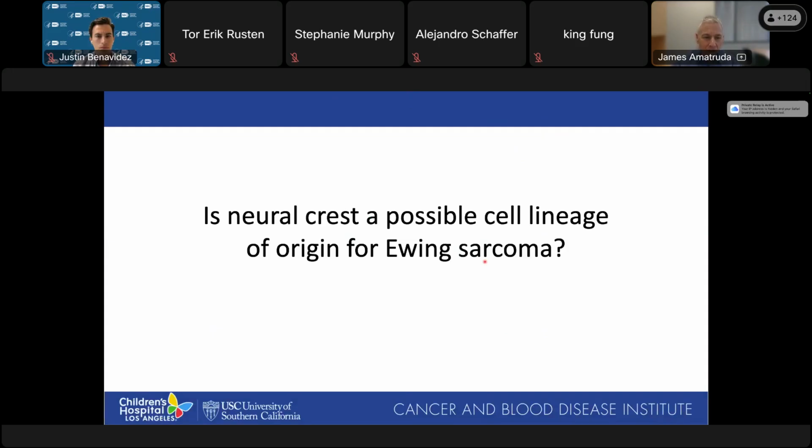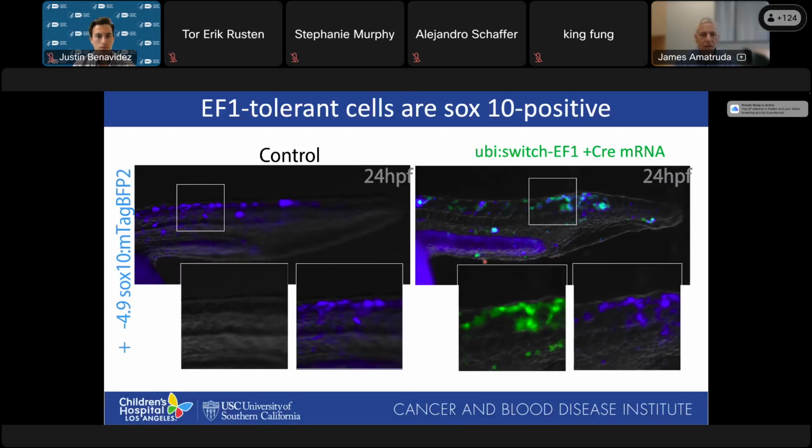And so we used our model to look into this question, first by doing gain and loss of function experiments. So first off, we asked whether these surviving cells are in fact a neural crest lineage. So Lena made transient SOX10 neural crest BFP positive cells. You can see that they largely overlap with the remaining GFP positive cells a couple of days after expressing EWS-FLI1.